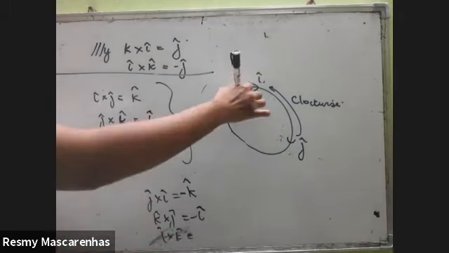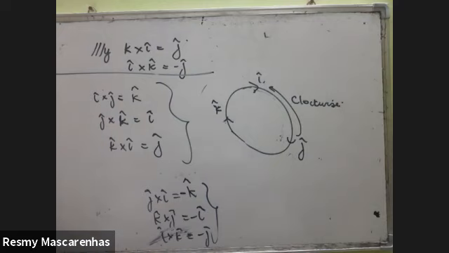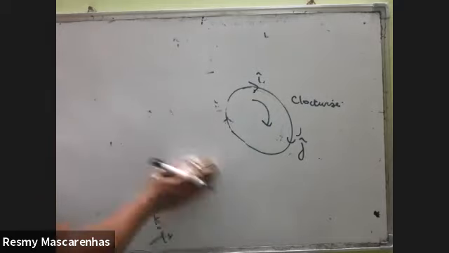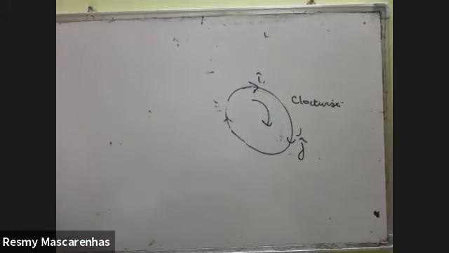So this is how you can remember. No need to learn by heart. Just remember that circle, i, j, and k, and then you can check. This is clockwise. You have to follow clockwise. So based on this, we'll solve one problem.